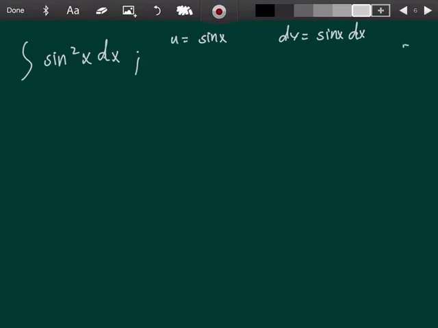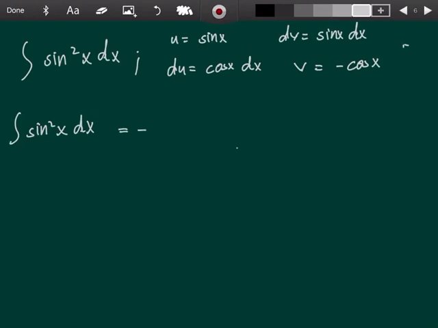So, ano ang du natin kapag ang u natin ay sine x? It is cosine x dx. At kapag i-integrate naman natin ang sine, ano siya? Negative cosine naman siya. Diba? So, gawin natin integral of sine squared x dx is equal to uv, ano yung uv natin?